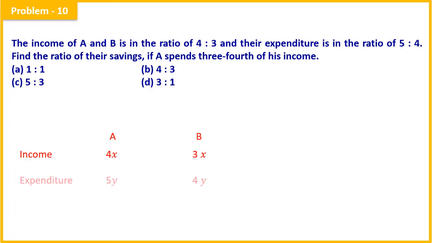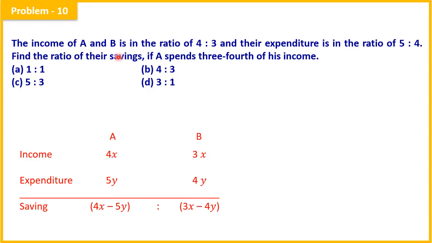Talking about their expenditure, let us say if A is spending 5y, then B is spending 4y. Now what is saving? Income minus expenditure is so-called saving. So the ratio of their saving will be 4x minus 5y is to 3x minus 4y.